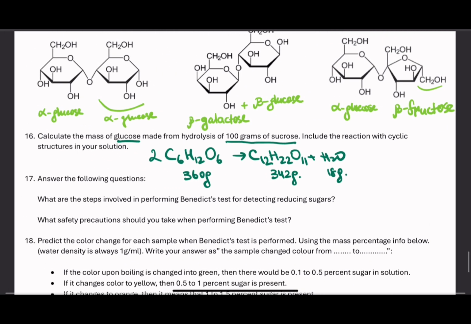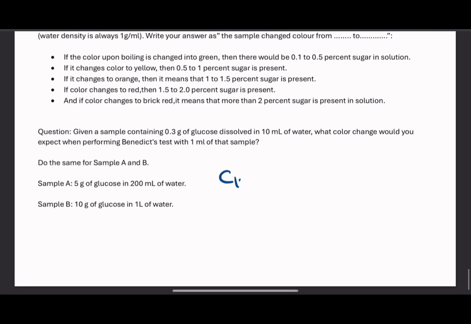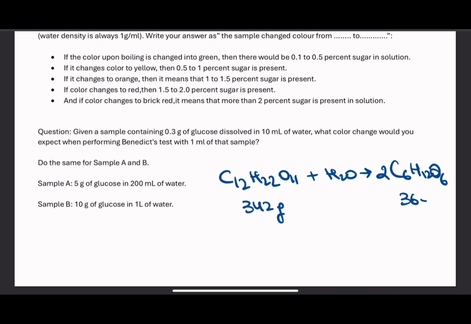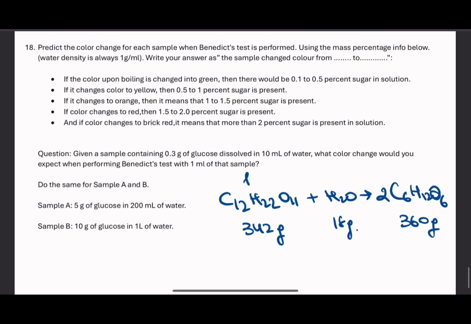Now, it says calculate the mass of glucose made from hydrolysis. Now the hydrolysis is just the same reaction but going backwards, right? So if we do C12H22O11 plus H2O gives you 2 glucoses, right? In here like that. So we know that 342 grams of that gives you 360 grams of this. We need 18 grams of water. What if you have 100 grams of this?